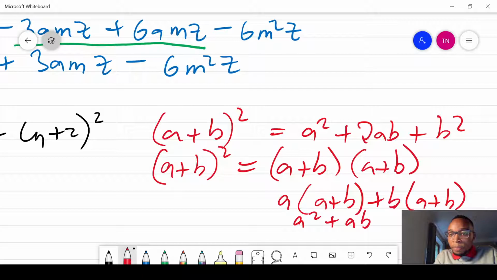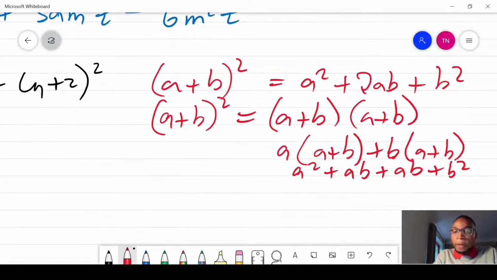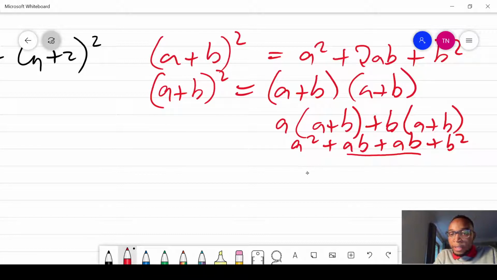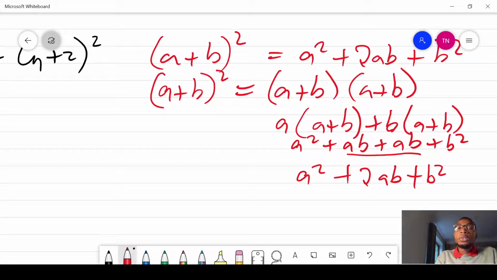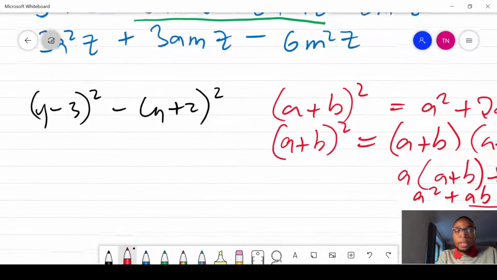Then b multiplying a, that is just ab. Then b multiplying b, that is just going to be b squared. And when you collect these like terms, you're going to have a squared plus 2ab plus b squared. So we're going to just apply this formula when we get there without having to expand it the way we've been expanding it with the other ones.